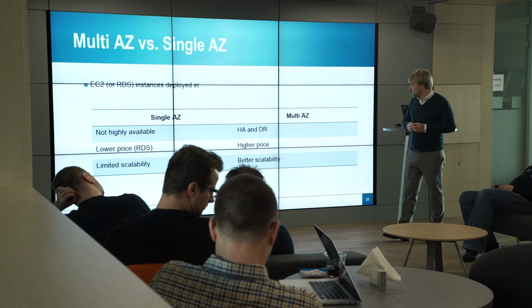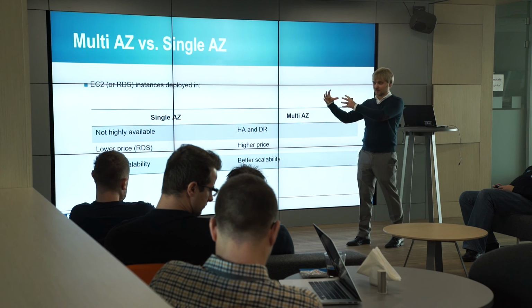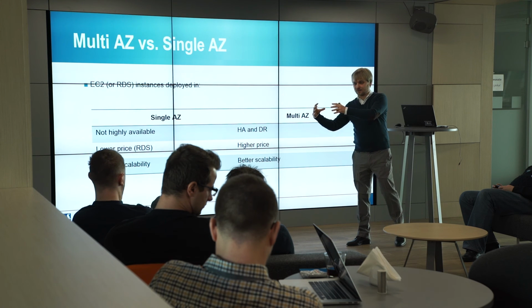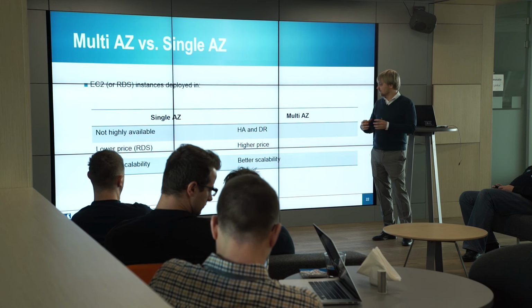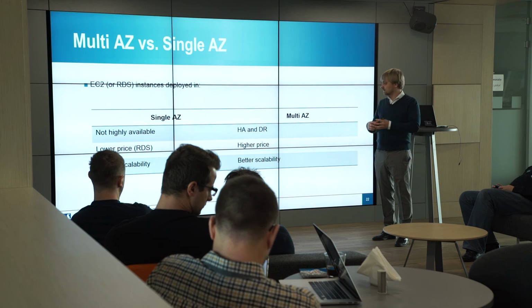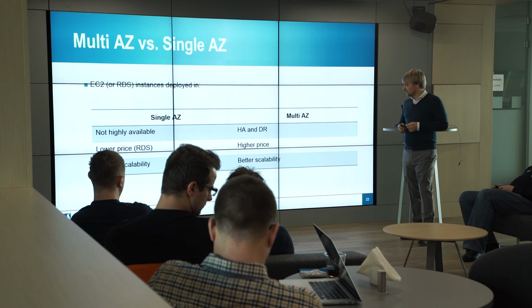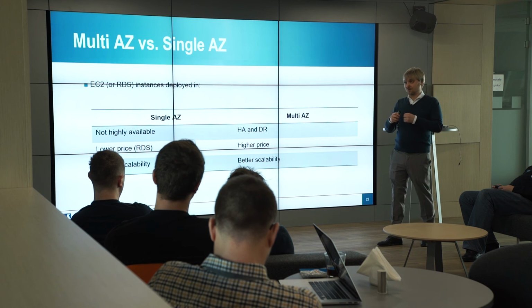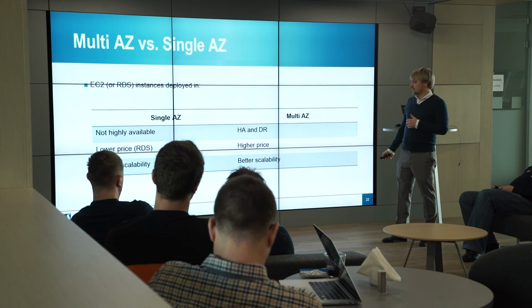On the other hand, we have multi-availability zone deployment. So we have one machine in one availability zone and a second machine in a second availability zone, or we have an RDS instance in one availability zone and a read replica in a second availability zone. It provides higher availability and disaster recovery, at the cost of a higher price, but it provides better scalability.